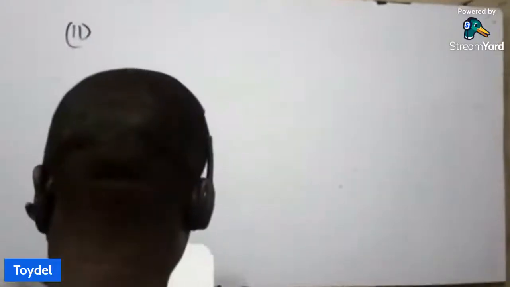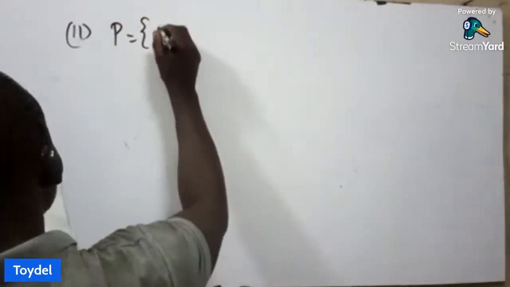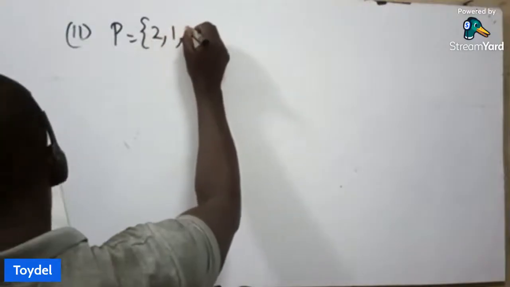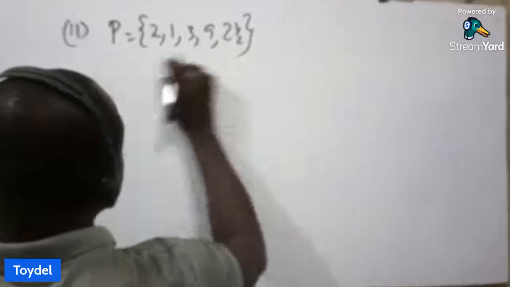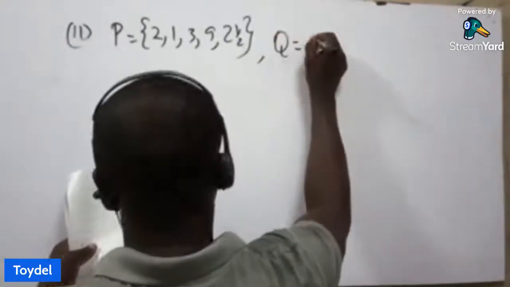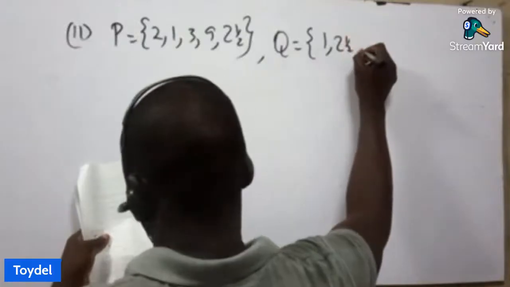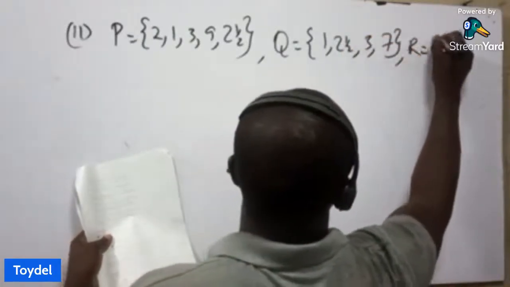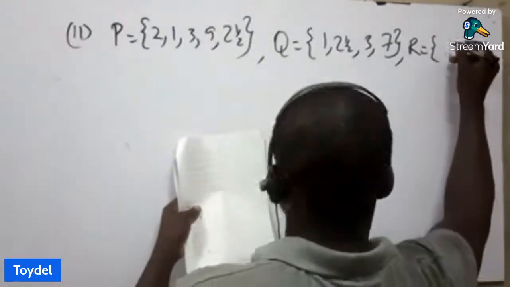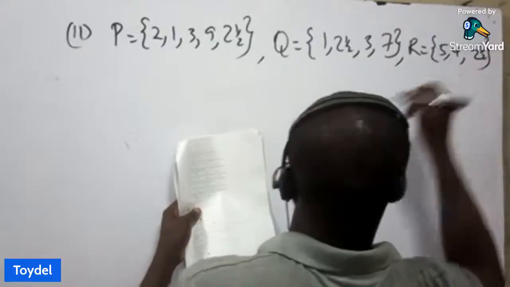Let's take a question on set theory. There is this information that P is equal to 2, 1, 3, 9, 2.5, these are the elements of P, and we have Q equal to 1, 2.5, 3, 7, and we have R equal to 5, 4, 2.5.